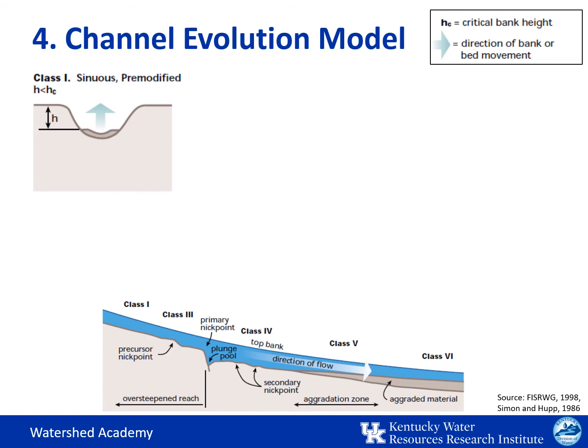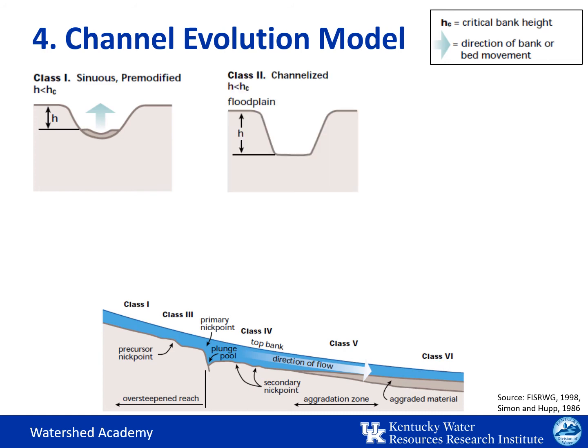So Simon and Hupp propose a 6-stage model in which channel modifications occur. So you have the pre-modified, step 1 you can see here, or class 1. The stream is stable with just mild aggradation, basal erosion on the outside bends, and deposition on the inside bends.